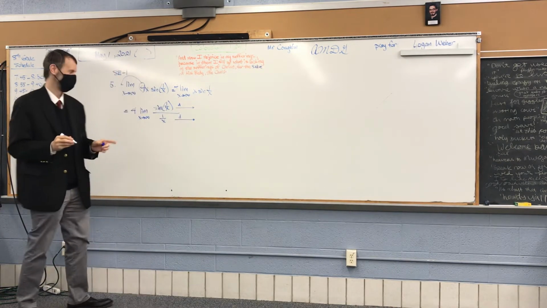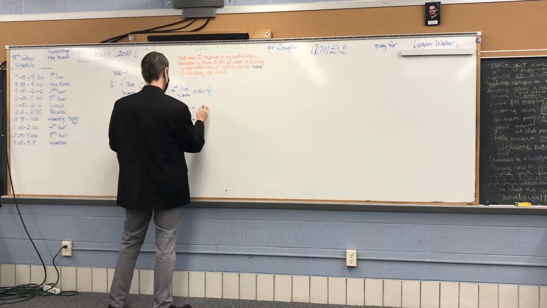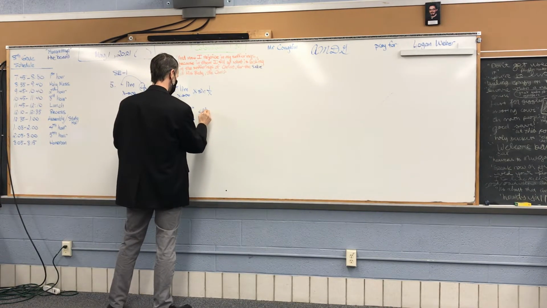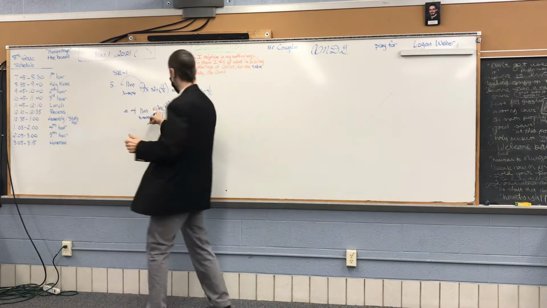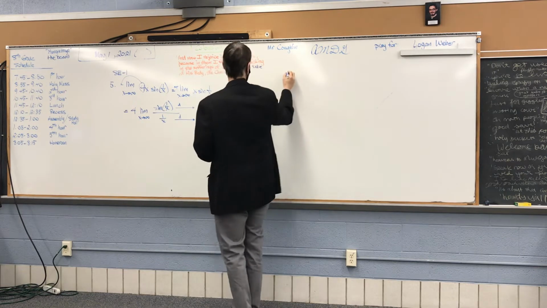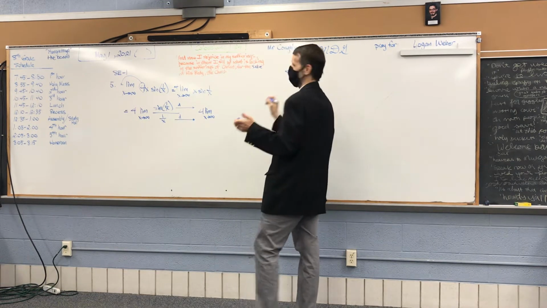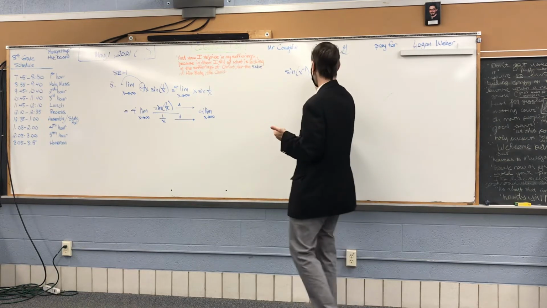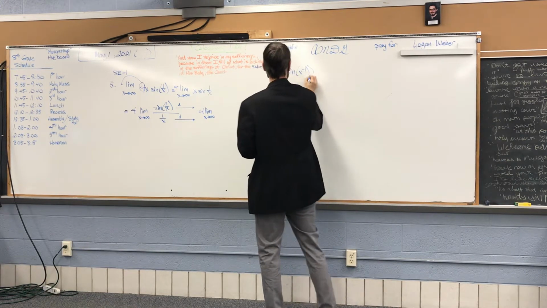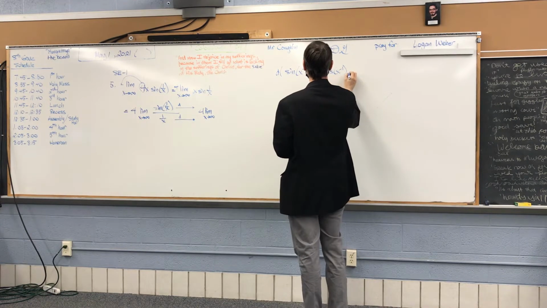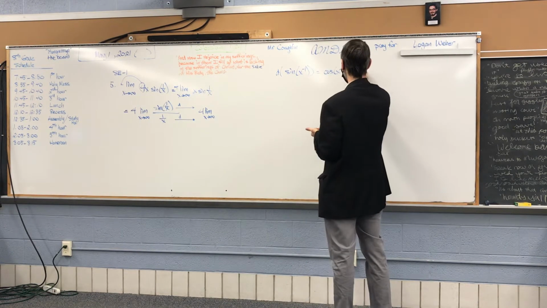Now, don't forget the chain rule, as I did. If you've got 4 times the limit as x approaches infinity, the derivative of sine of x to the negative 1 power: the derivative of this thing is going to be cosine of x to the negative 1 times the chain rule stuff, negative 1 x to the negative 2.